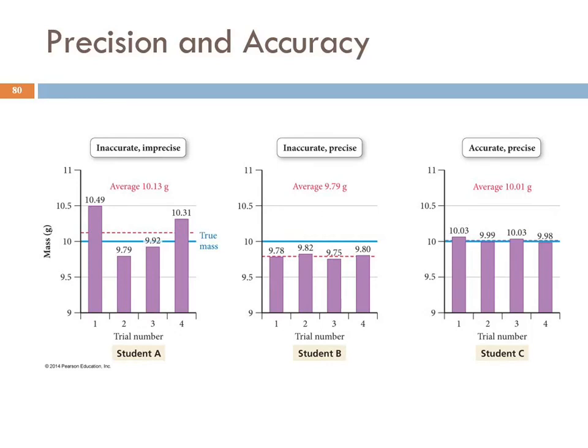And so you'll see that we'll often do experiments, we'll do 3 or 4 trials so that we have some numbers we can average. It also helps you to see how your precision is. Usually, if you have poor precision, you really have to wonder about your accuracy. If the precision is good, it's a good sign, although as we see here, it doesn't guarantee that you're accurate. But we're going for both.